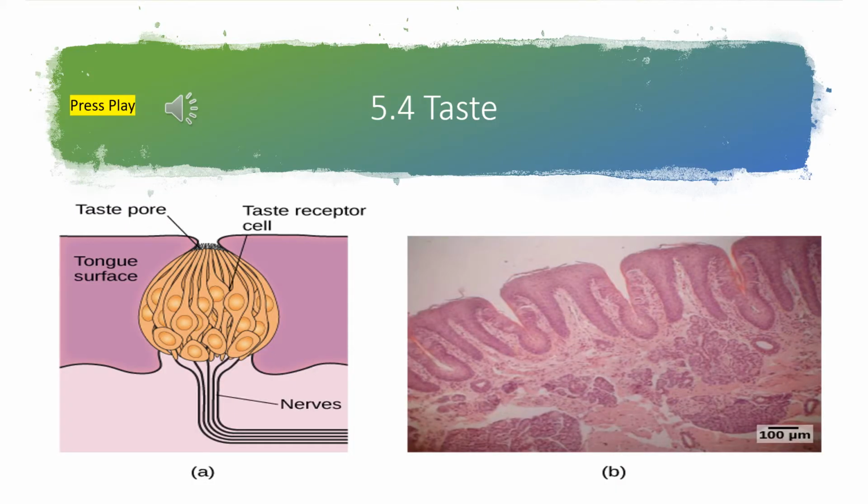During this recording, we are going to combine smell and taste. So smell and taste, they are categorized as chemoreceptors. They are sensory cells translating chemical stimuli into action potentials that our nervous system can make sense of. And so let's talk about smell first.